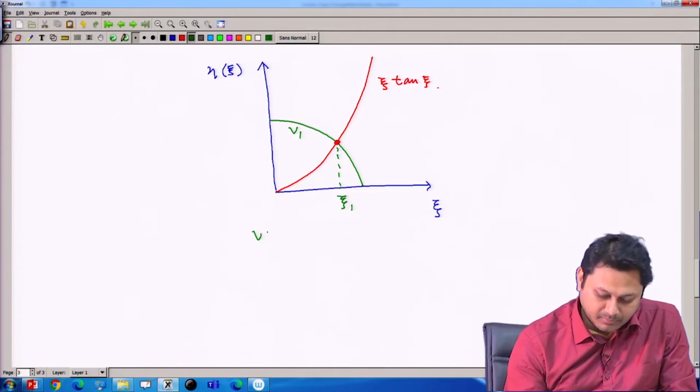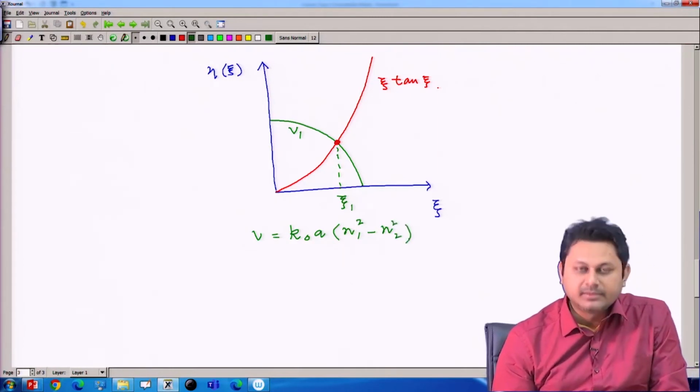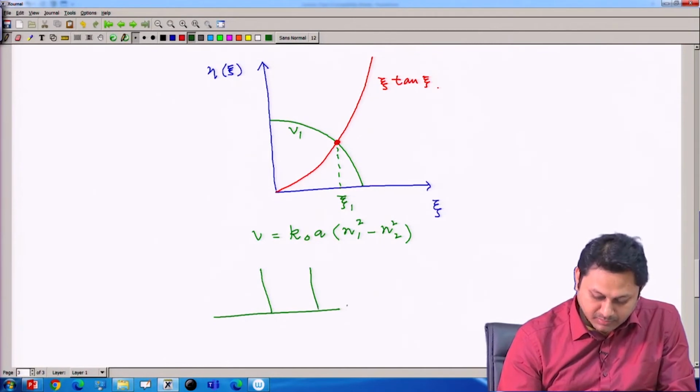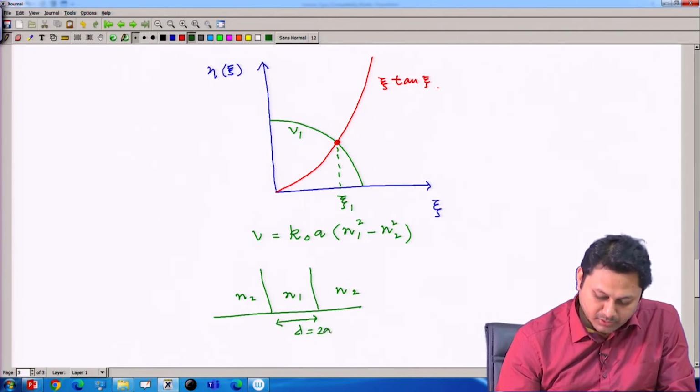What is v? V is k0 a multiplied by (n1 square minus n2 square) to the power half. So, for a given planar waveguide, this is the structure of the planar waveguide. This is N1, this is N2, this is N2, and this length is D, which is equal to 2a according to our notation.